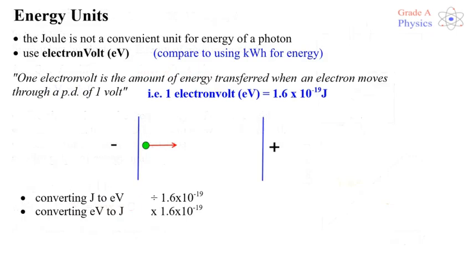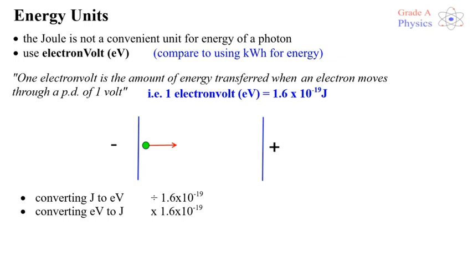The final thing we're going to consider in this video is this idea of the electron volt. We've seen already that the energy involved when we're calculating photon energy is very, very small, 10^-15, 10^-16 joules. That's not a very convenient unit of energy. More convenient is something called the electron volt, eV.